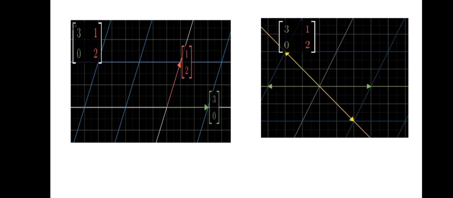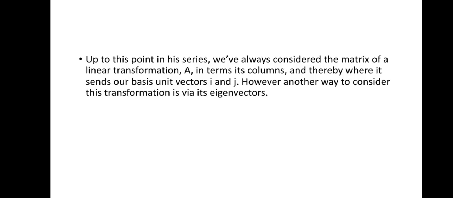Considering the transformations up to this point in the series, we have always considered the matrix of a linear transformation A in terms of its columns, and thereby where it sends our basis unit vectors i and j. However, another way to consider this transformation is via eigenvectors. Consider an example.